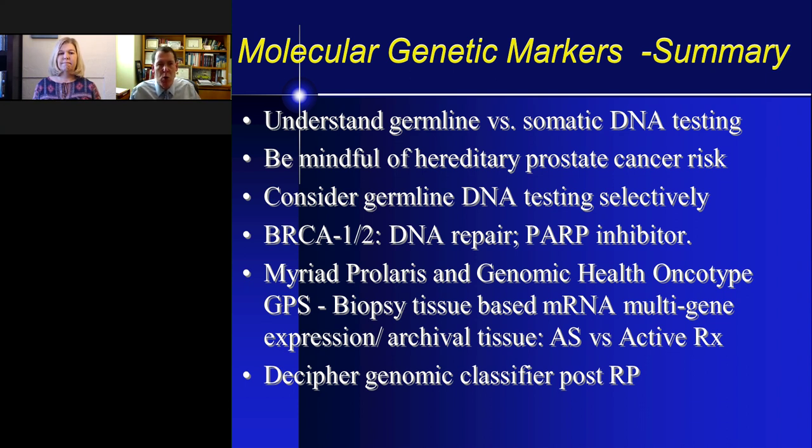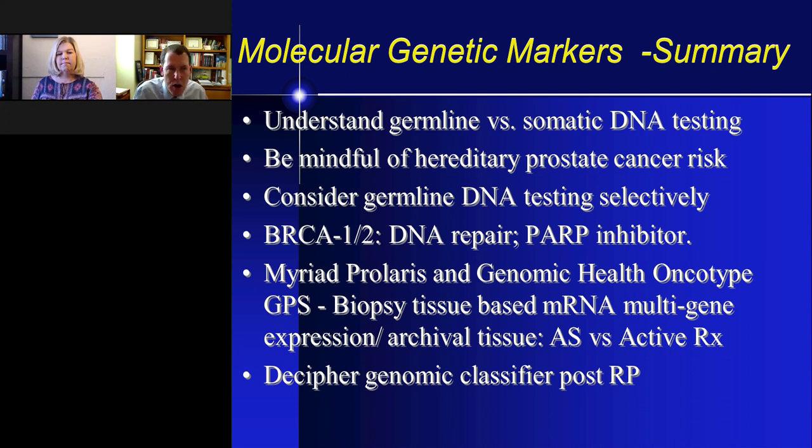So the key teaching point is, if you see a guy who's de novo with metastatic disease, never had prostate cancer before, bingo, shows up at your clinic and unfortunately has advanced disease right from the start, that guy has, again, a 12 to 13% chance of having hereditary cancer.